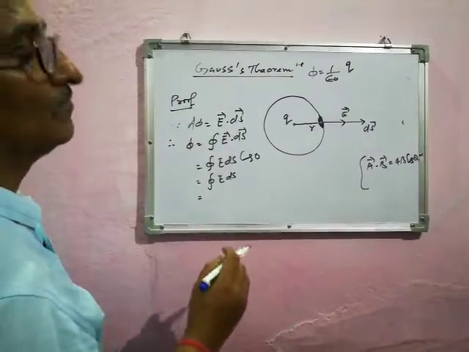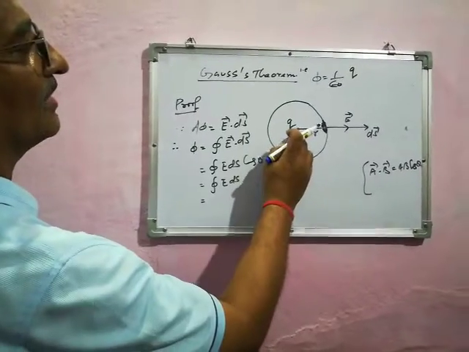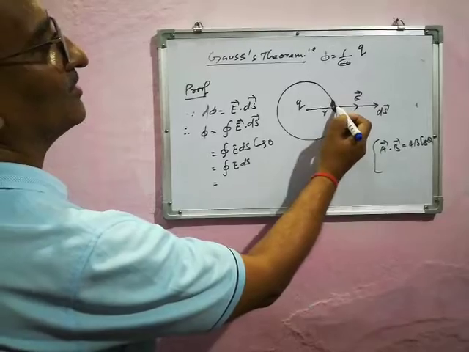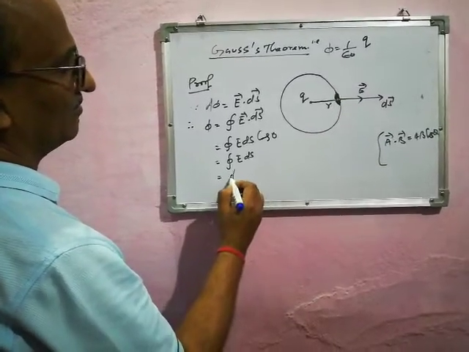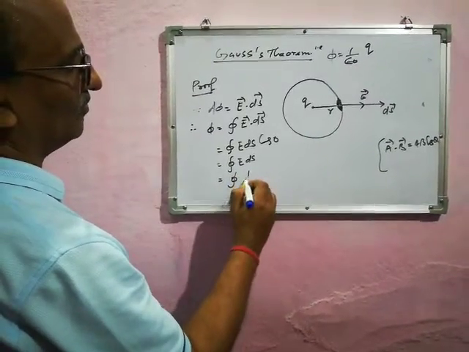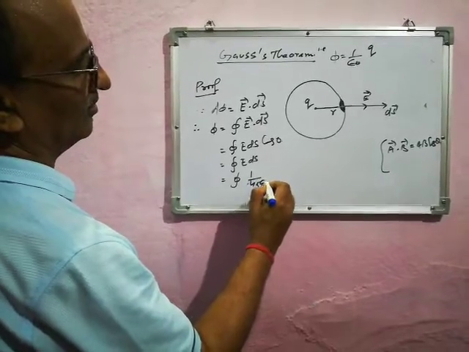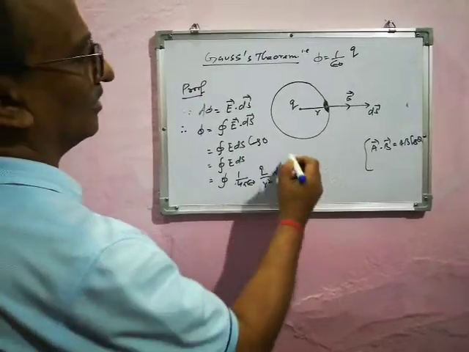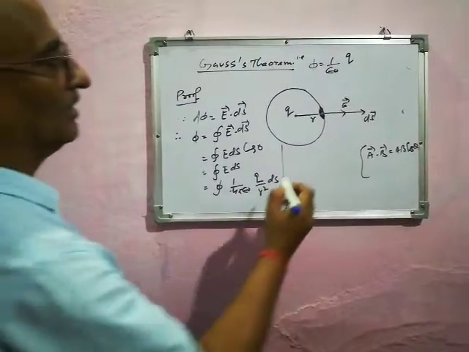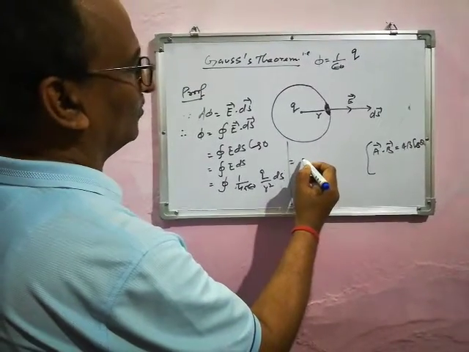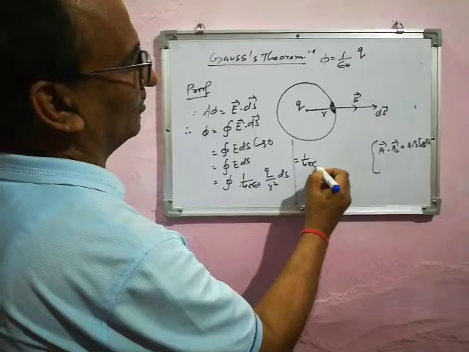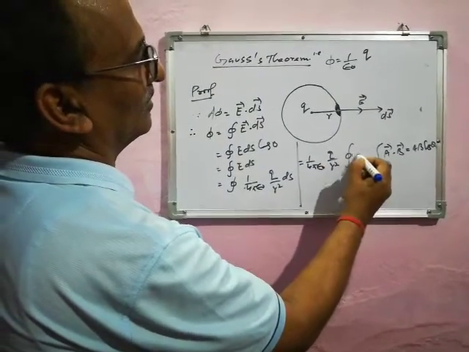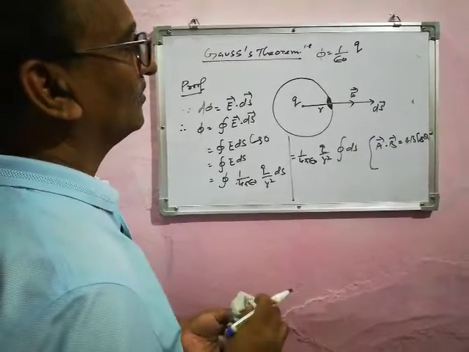Here we know from Coulomb's law that the electric field due to a point charge at a distance r, it means at this point, will be equal to 1 by 4 pi epsilon naught q by r square into ds. Now it becomes equal to 1 by 4 pi epsilon naught q by r square, and the integral stands for ds only.